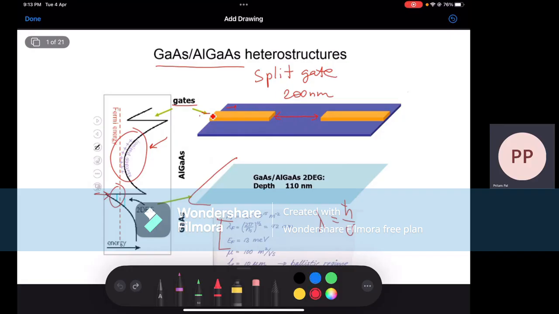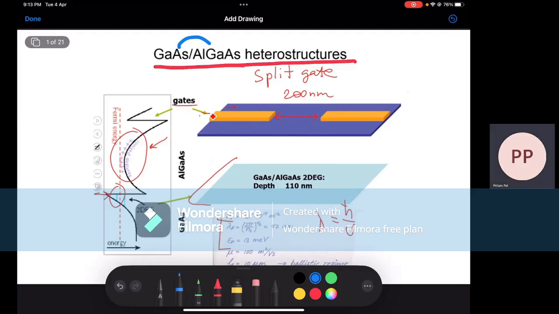Gallium arsenide, as you all know, is a compound semiconductor. Here we have an interface of two semiconductors, one is gallium arsenide, another is aluminum gallium arsenide. That's why it's a heterostructure of two different semiconductors.